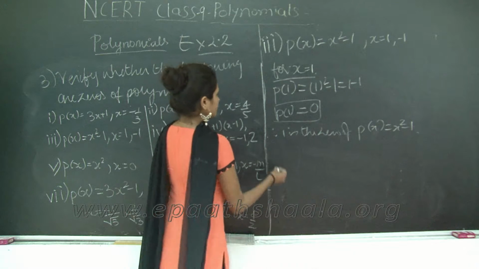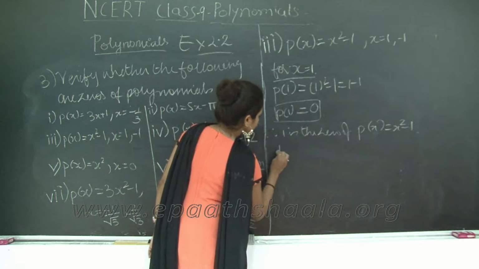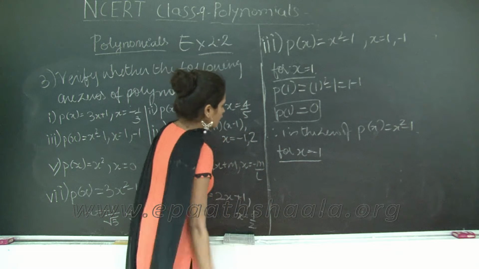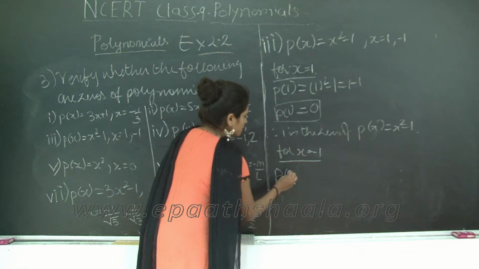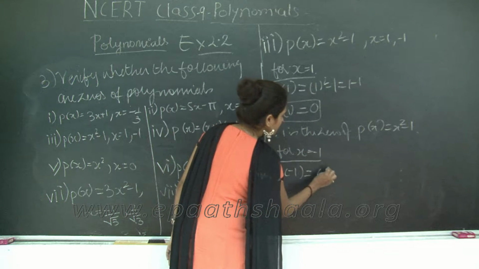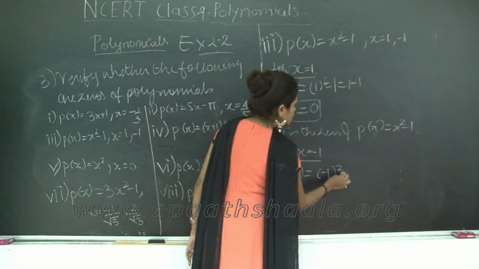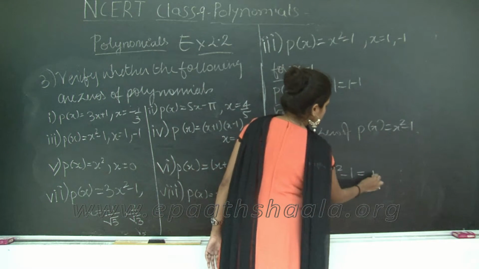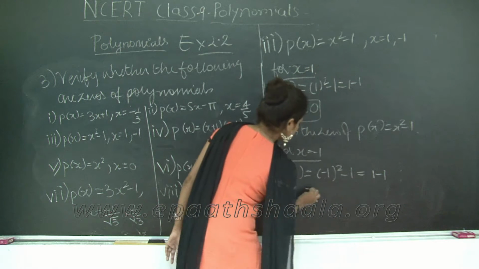Right? Now let's check for -1. Substituting x = -1 in the polynomial expression x² - 1, I get (-1)² - 1, which is 1 - 1, which is 0.